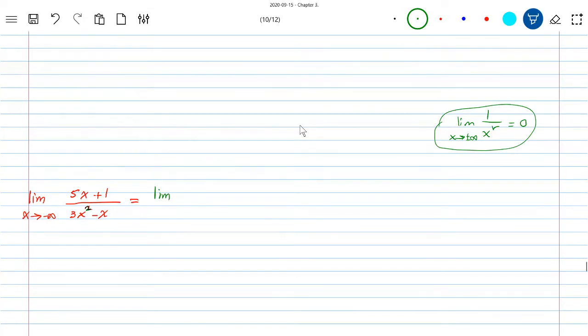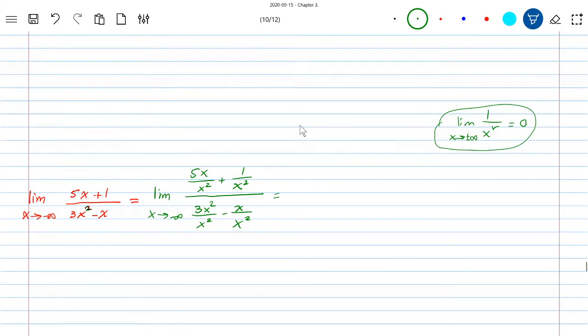So I'm going to divide everything: 5x by x squared plus 1 divided by x squared, and in the denominator 3x squared divided by x squared and minus x divided by x squared. I can do this since you do it to both numerator and denominator as x approaches negative infinity. You can divide both numerator and denominator at the same time.